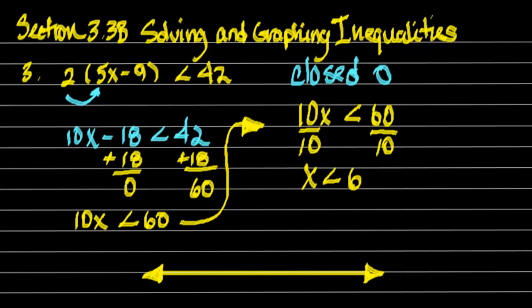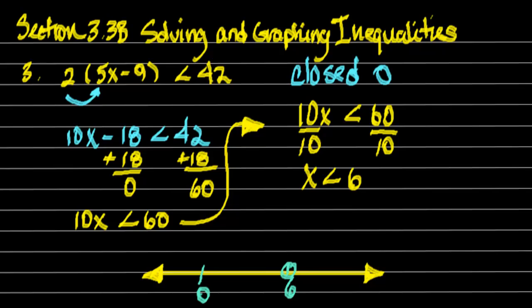Now I want to do my graph of the inequality. I always want to show the boundary point. I know that 6 is greater than 0, so it's to the right of 0. So there's 0. There's 6. If I look up here, remember that it's open. So draw your circle. Don't color it in.